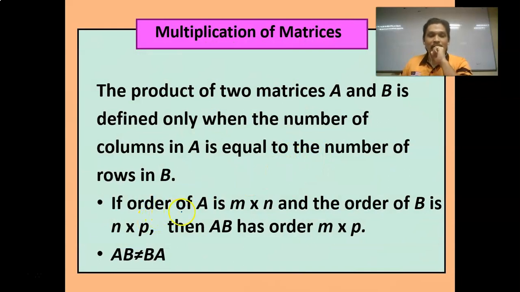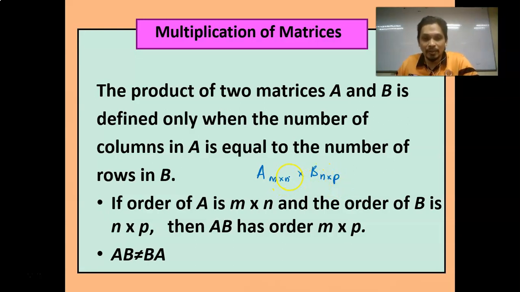If the order of A is m times n and B is n times p, then AB is just like this: the matrix A with order m times n multiplied with the matrix B with order n times p. For A, m is the size of the row and n the size of the column. For B, n is the size of the row and p is the size of the column.